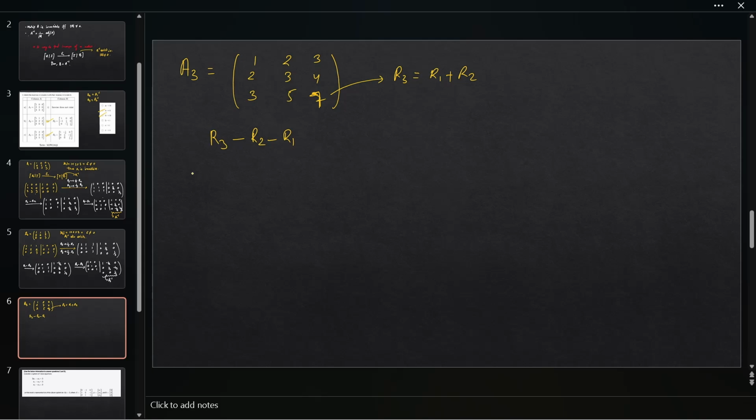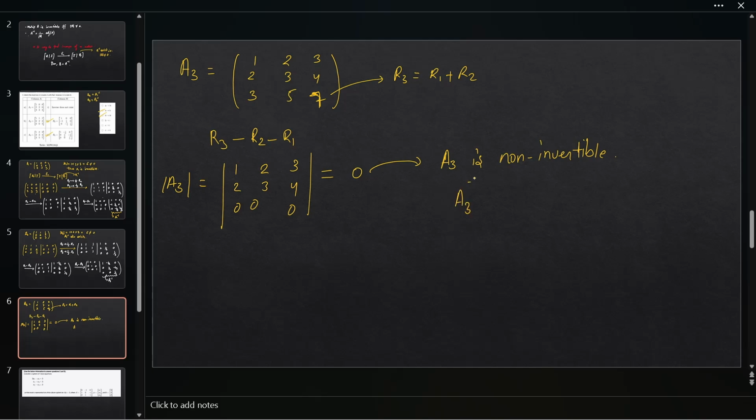So that will give me the determinant of A3 as 1, 2, 0, 2, 3, 0, and 3, 4, 0. That means since I have a 0 row over here, the determinant of A3 is equal to 0. That means A3 is non-invertible. So A3 inverse doesn't exist.